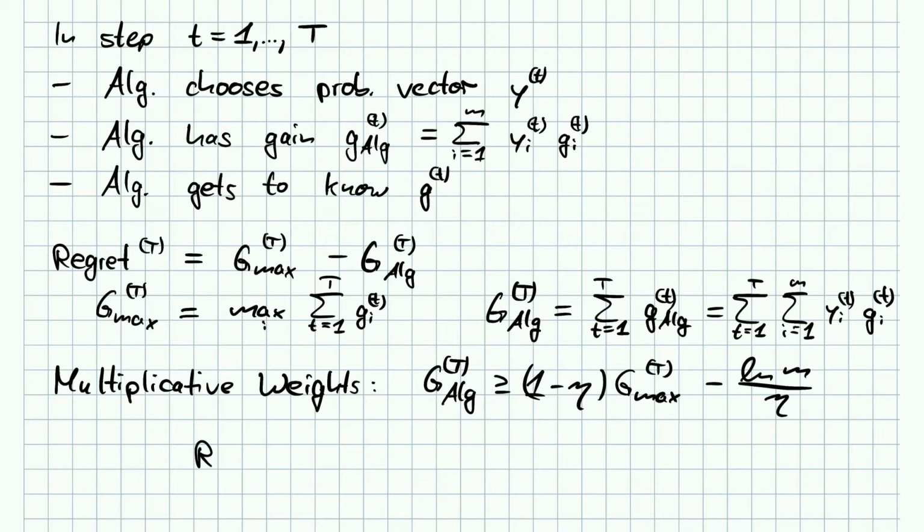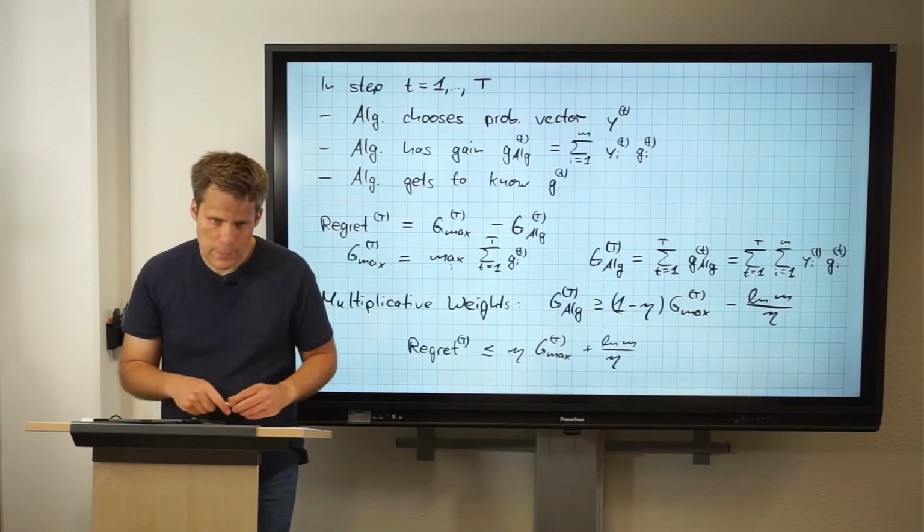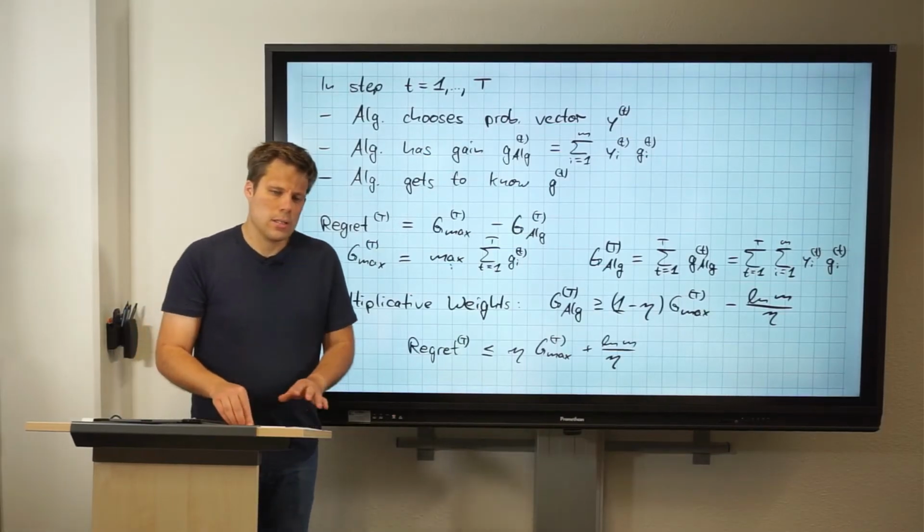So we can also see that the regret is at most eta times G_max plus ln m over eta. Good.